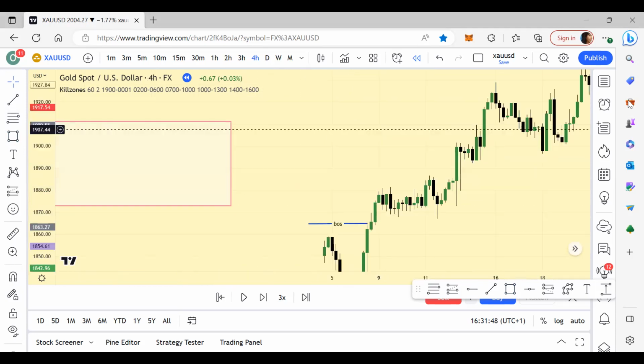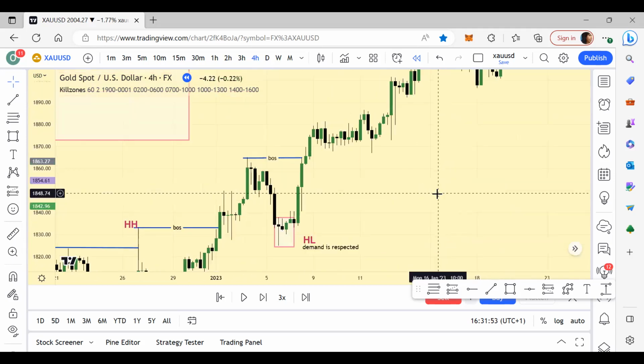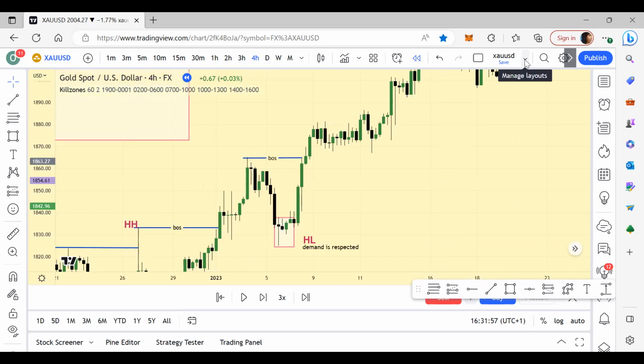Right. I'm going to pick something random and I want you guys to show me where the order block is. Mike, show me where the order block is in this chart. Just circle it for me. Perfect. Okay.